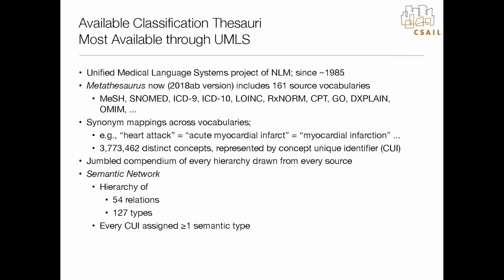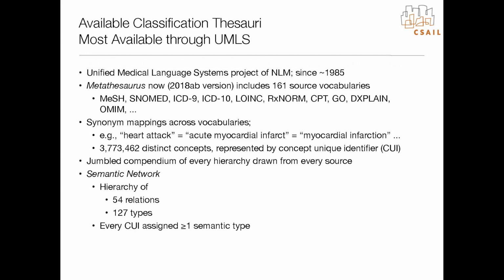Now, how many of you have used the UMLS? Just a few. So in 1985 or 84, the newly appointed director of the National Library of Medicine, which is one of the NIH institutes, decided to make a big investment in creating this Unified Medical Language System, which was an attempt to take all of the terminologies that various medical professional societies had developed and unify them into a single, what they called a metathesaurus.